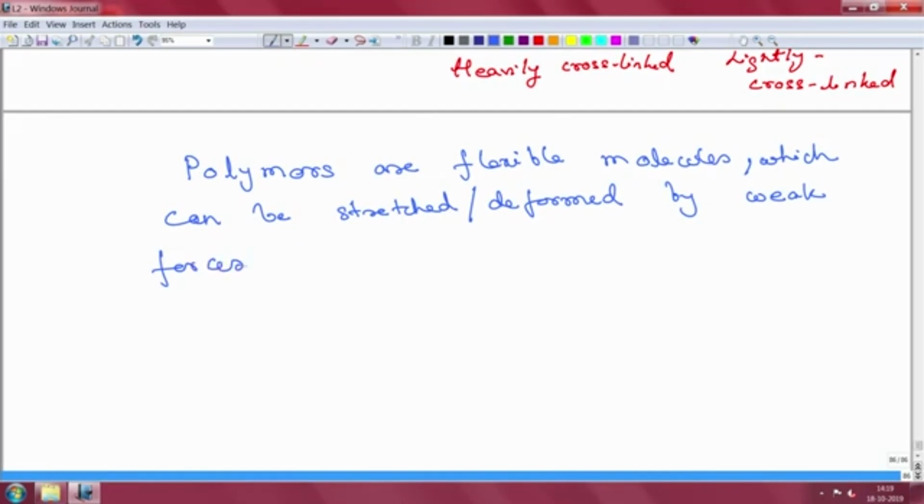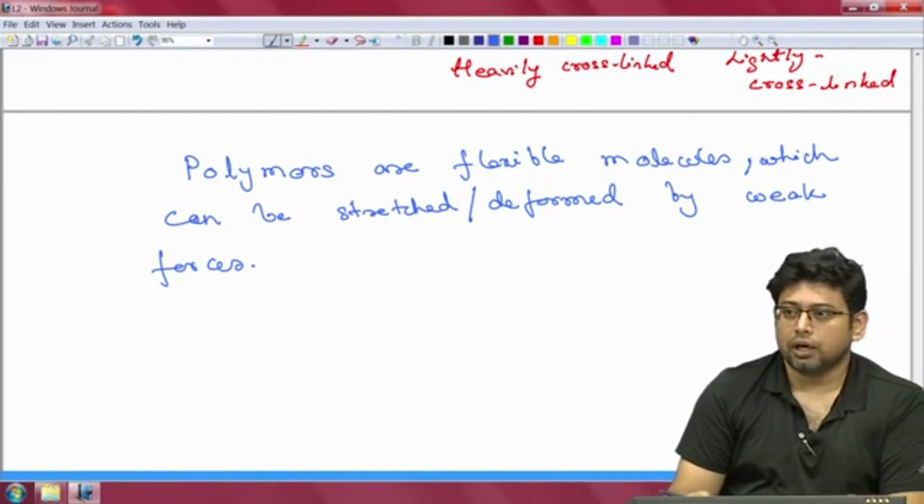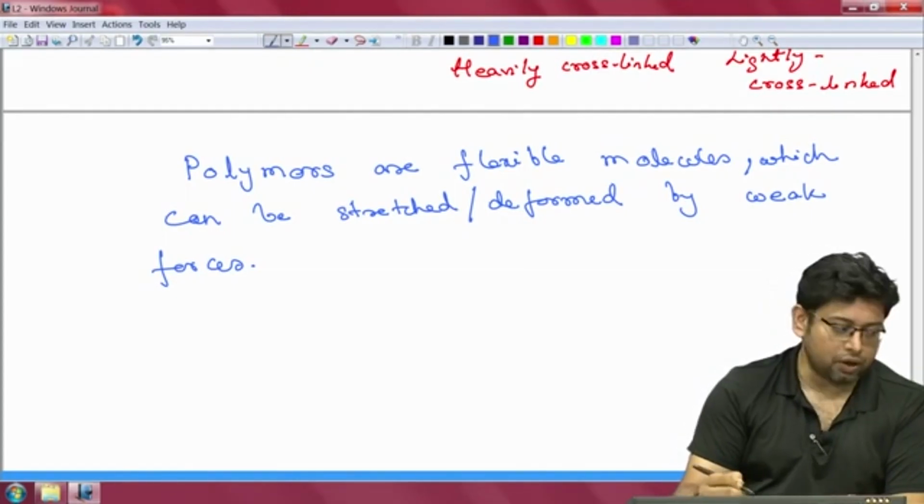When we say weak, it is obviously in a relative perspective, and what we mean is a force which is of the order of kT. So, thermal motion requires a very small amount of force, so something of that sort.